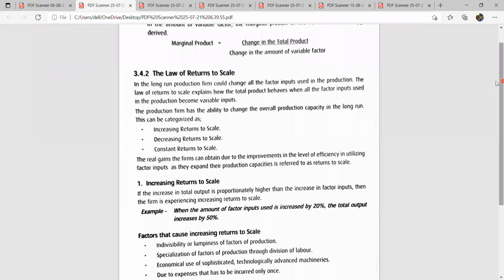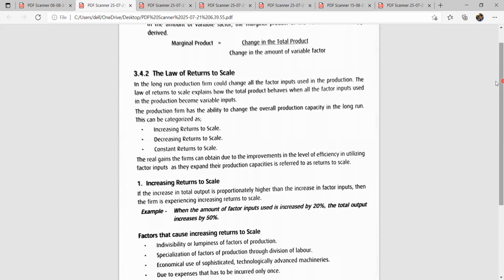So long run means a period where all the factors or all the inputs are increased in order to increase the production. Earlier we looked at only the variable factor. Now we concentrate on all the factors. Therefore, we use a common word, inputs.